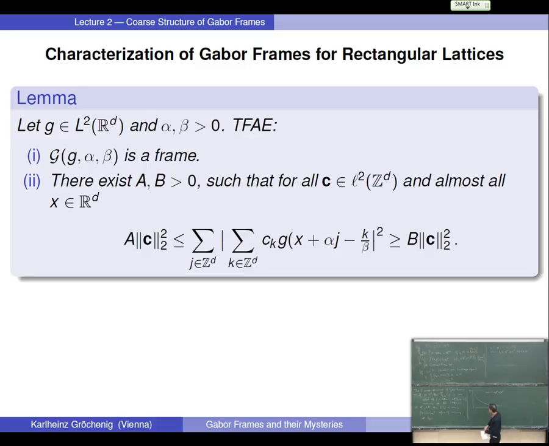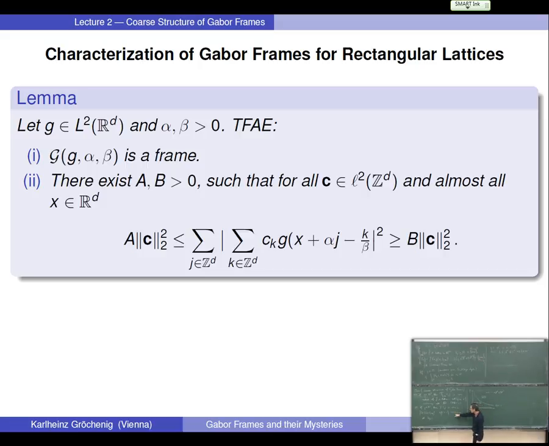The lattices that can show up in the frame set are below this hyperbola. Below the hyperbola, there's a possibility to find a frame. Above the hyperbola and on the hyperbola cannot be a frame.